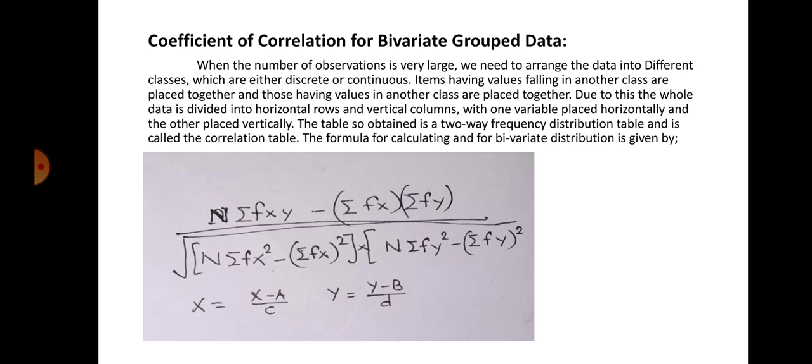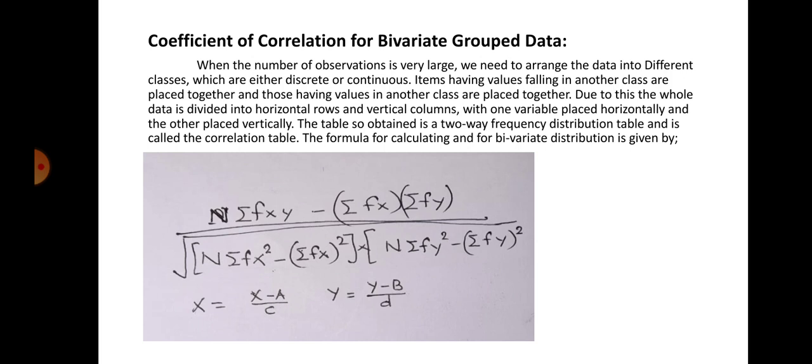Items having values falling in a particular class are placed together, and those having values falling in another class are placed together. Due to this, the whole data is divided into horizontal rows and vertical columns, with one variable placed horizontally and the other placed vertically.